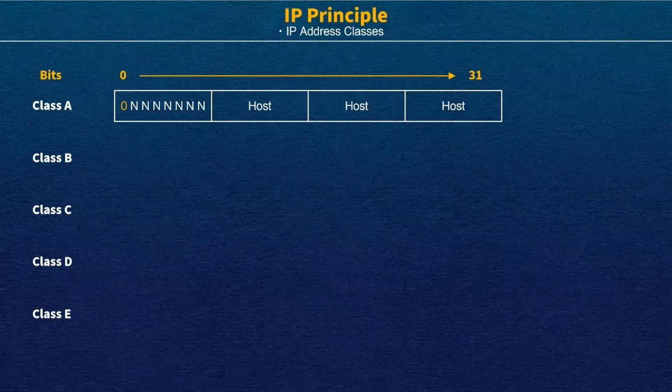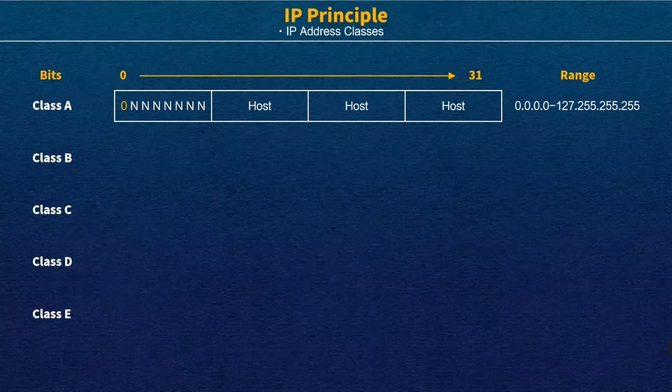So according to this, we can directly get the range of class A, right? How to get the range? Get the smallest value and the biggest value and calculate the result. The smallest means all the bits become 0, right? So the smallest will become 0.0.0.0. What's the biggest?